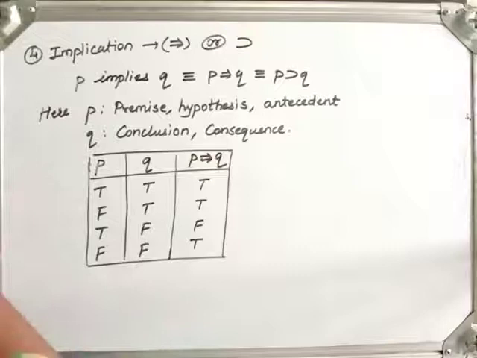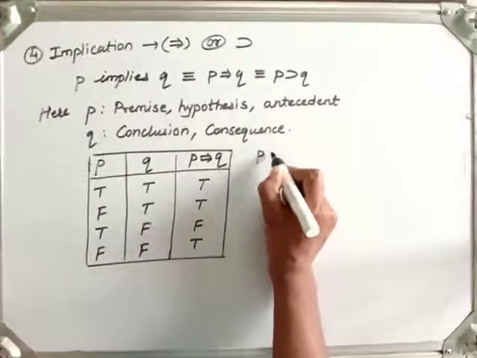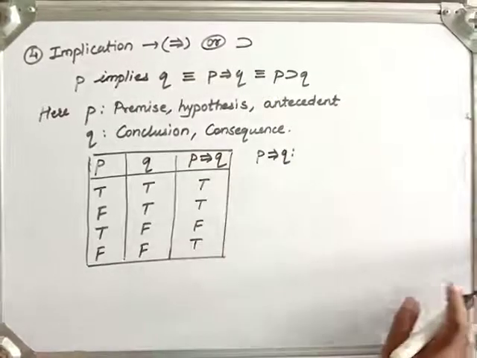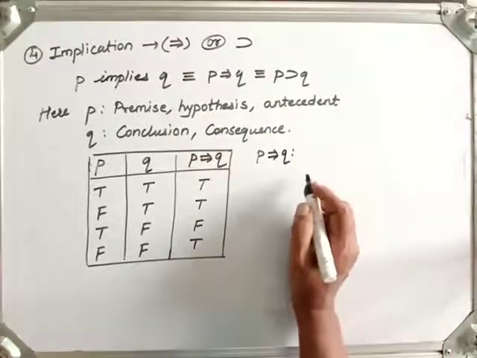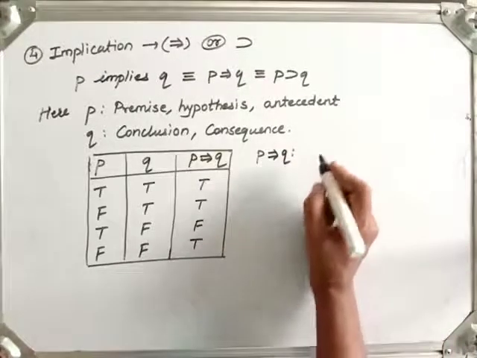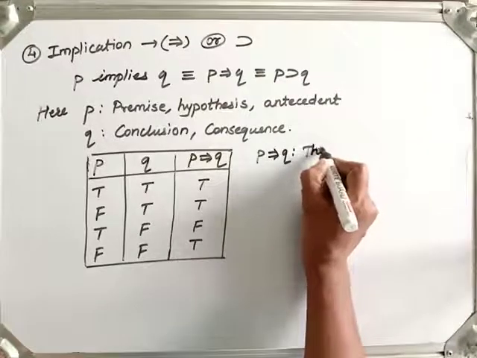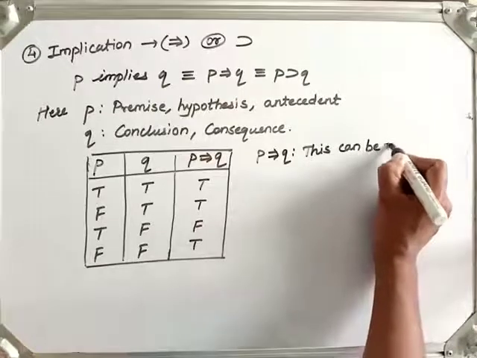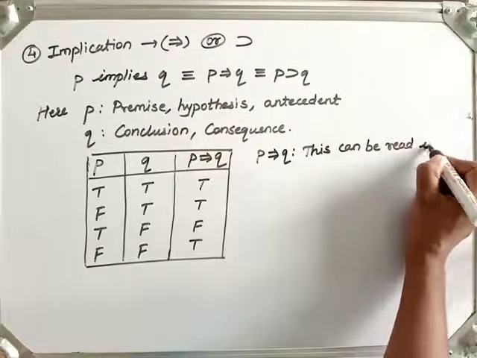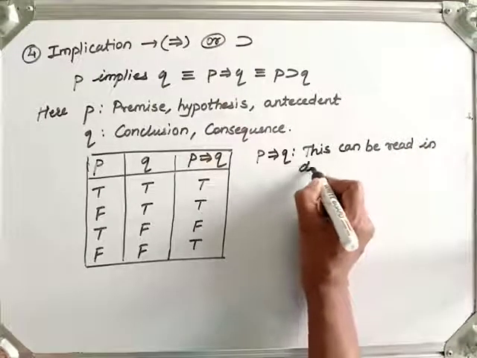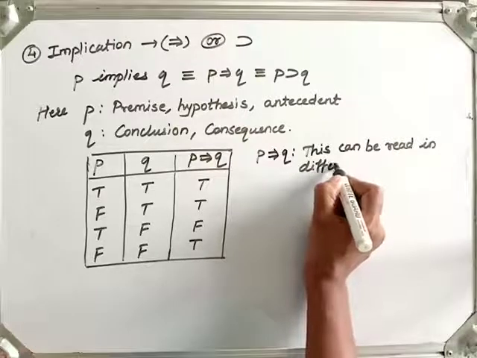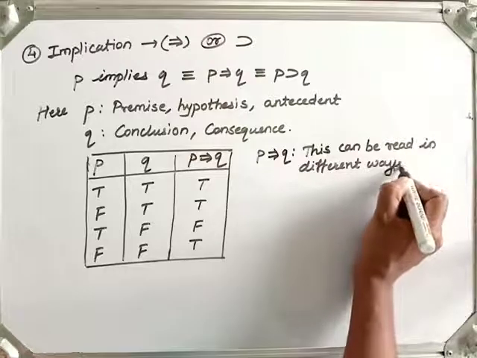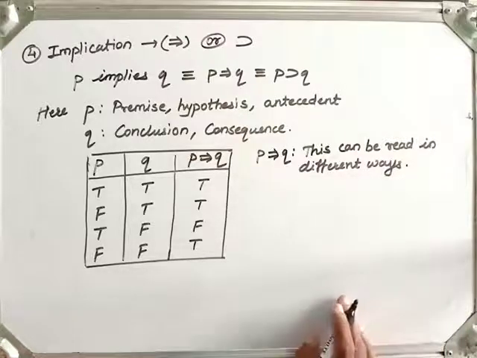Now another thing, this P implies Q has various names, or this can be read in several ways. These things are useful to you when you are converting English sentences into logical connectives.